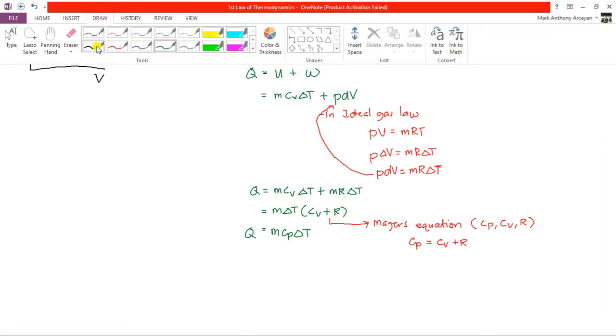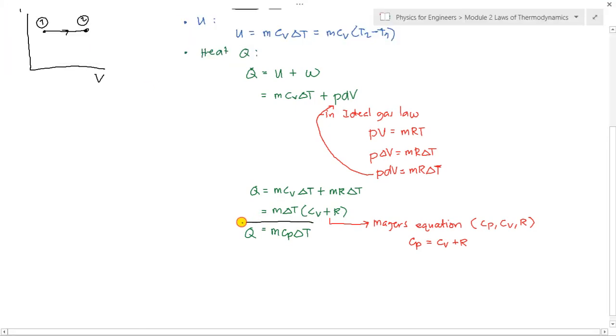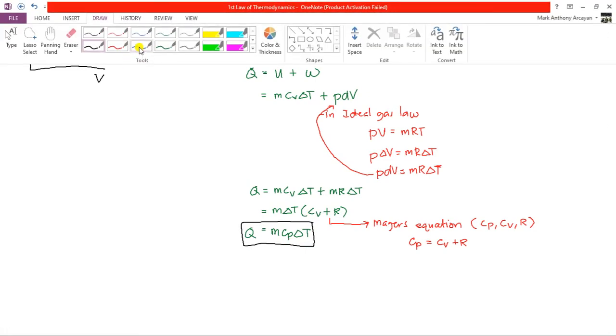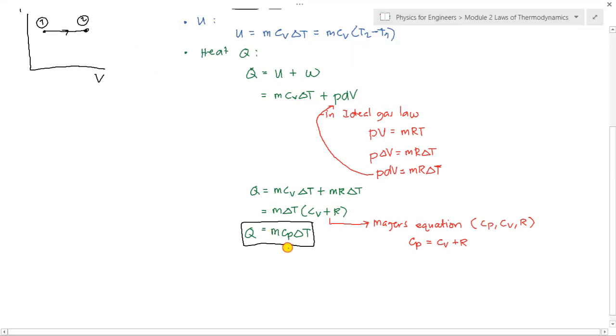So that is the formula for our Q. Does anyone have an idea of another term for this mCp delta T expression?